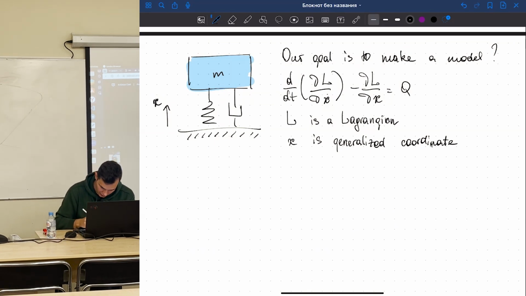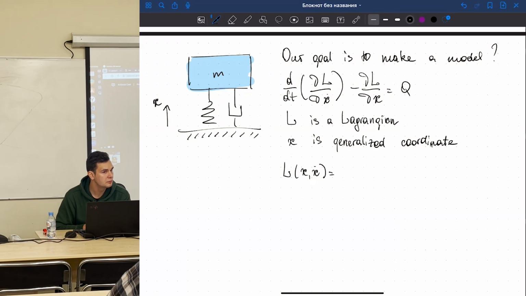So here, let us make the Lagrangian. What will be the formula for the Lagrangian? It is K minus V, the difference between kinetic energy and potential energy. Right.